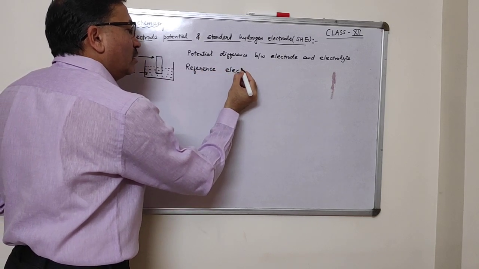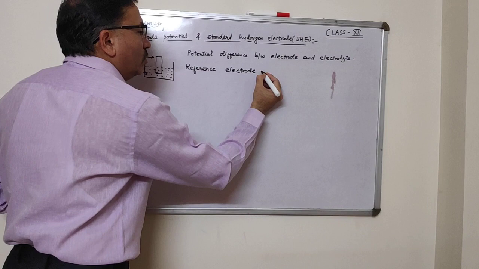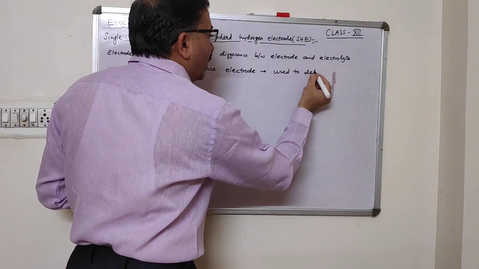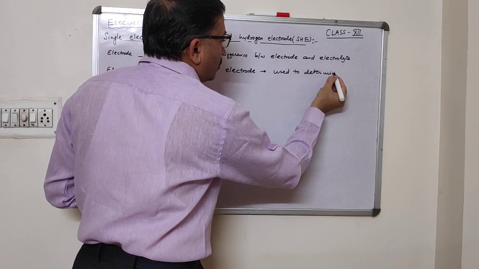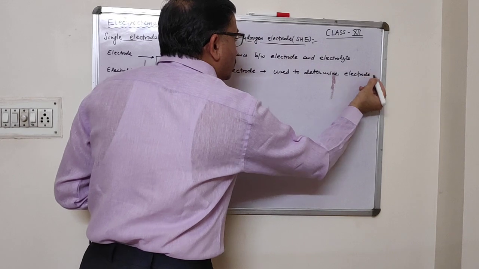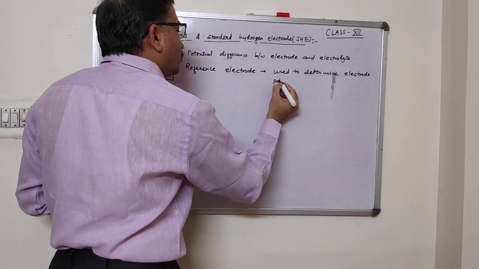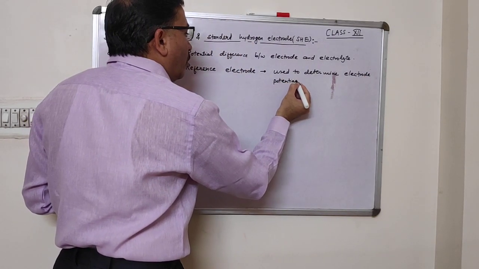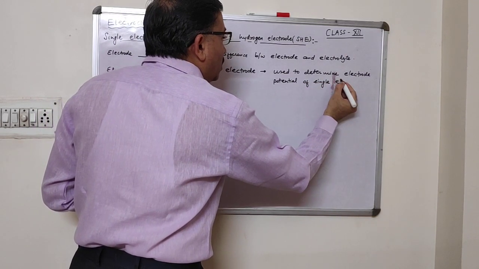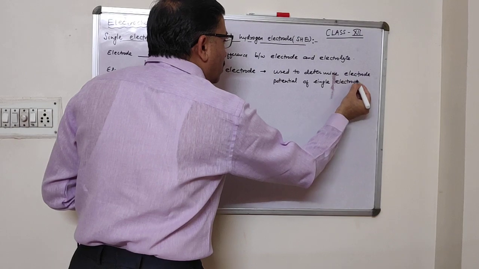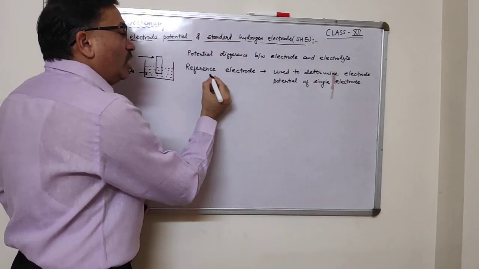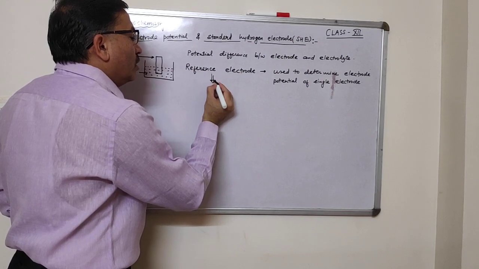A reference electrode is used to determine the electrode potential of a single electrode. Okay?